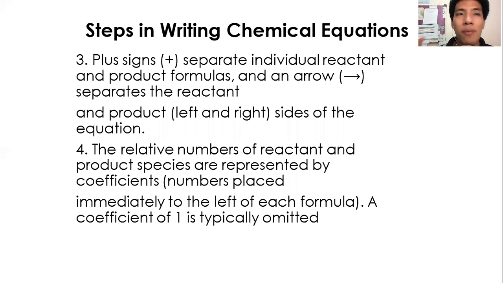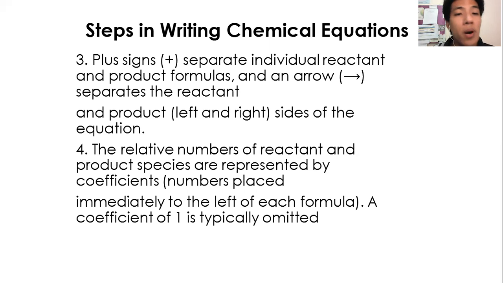Okay, so if we have a plus sign, that indicates we have the reactants that react to form products. And an arrow indicates that this is a chemical reaction. Second, it separates the reactants and products, and the sides of the equation: to the left, again, are the reactants, and to the right are the products.